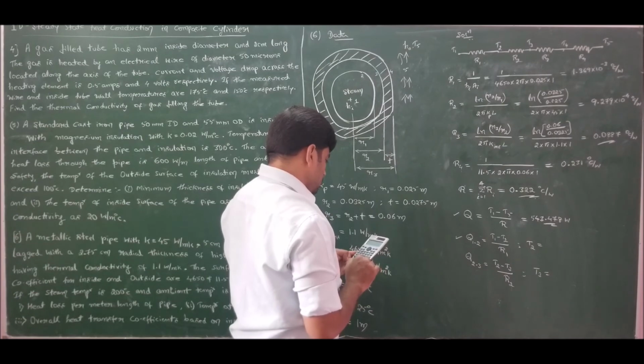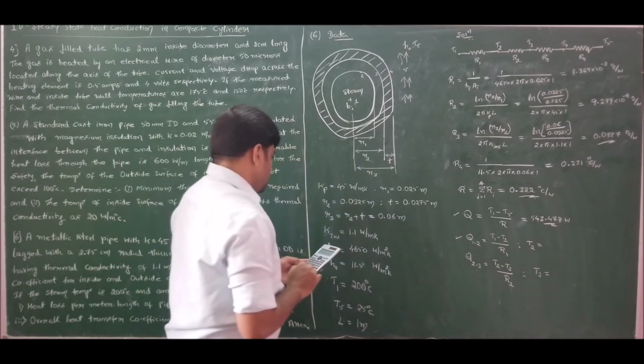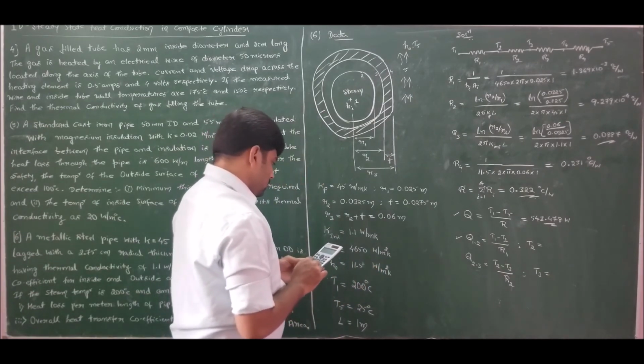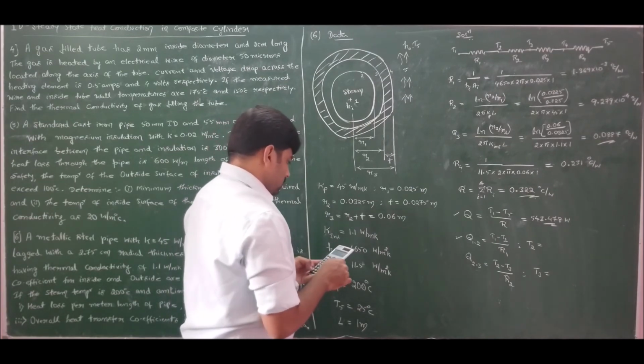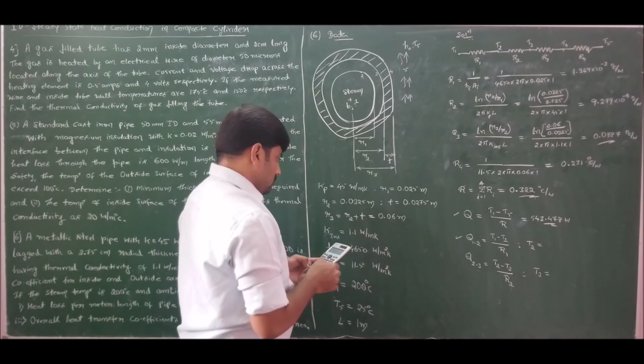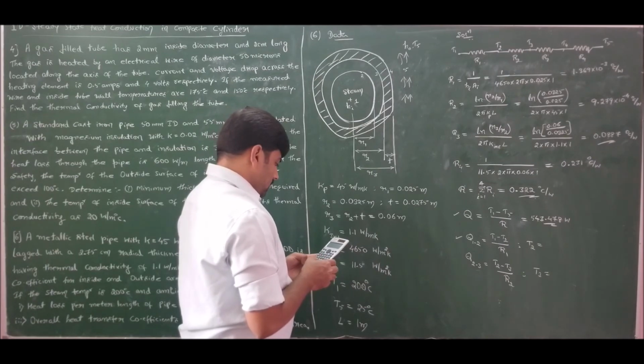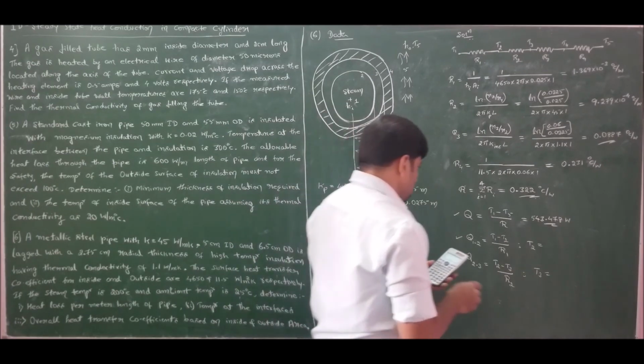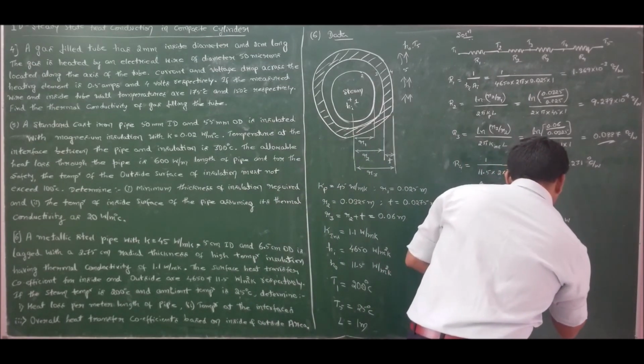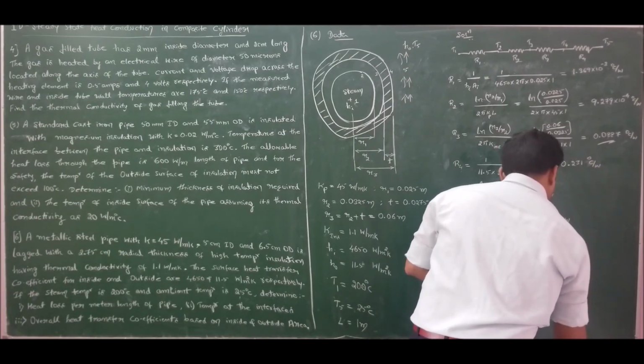T2 is T1 minus answer. T1 is 200 minus answer, 543.478 into 1.369 10 power minus 3. T1 is 200 minus answer is 199.26, 199.26 degrees Celsius.